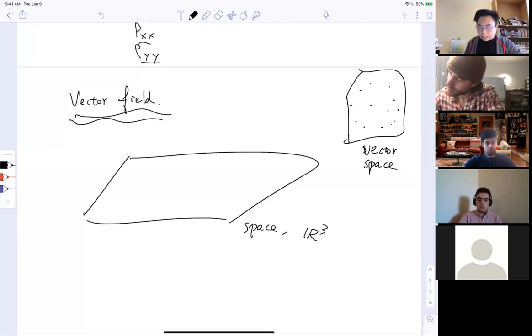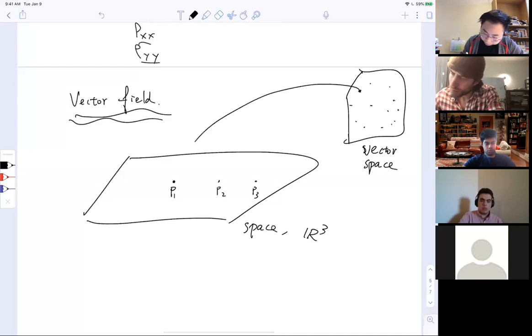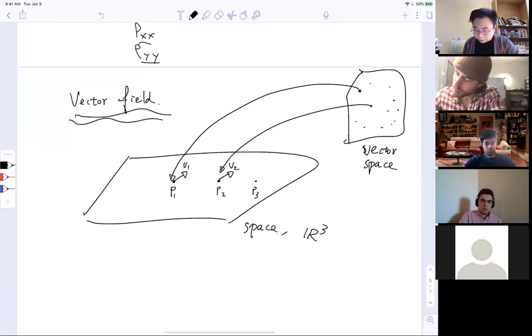Then we assign each point in the space, called P1, P2, P3, a vector. At this point, we assign a vector here, V1. At this point, we assign another vector. They can be the same or different, it doesn't matter, generally speaking. So like a V3.